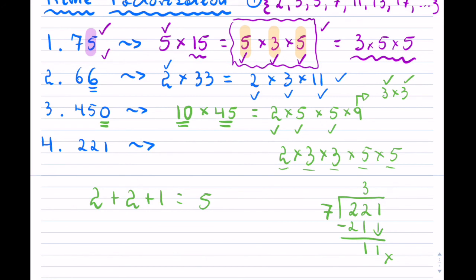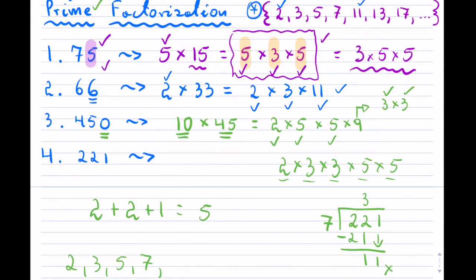So 7 also will not work. So far, 2 doesn't work, 3 doesn't work, 5 doesn't work, 7 doesn't work. And I'm only checking primes. And this may happen. It's not always as nice as in the previous examples. Sometimes you have to grind away through the primes one by one to see.